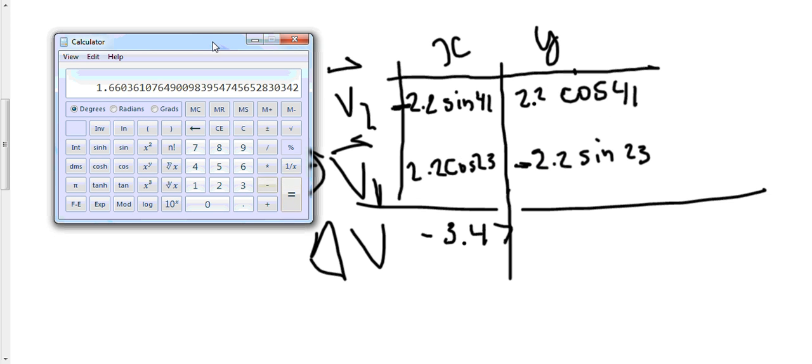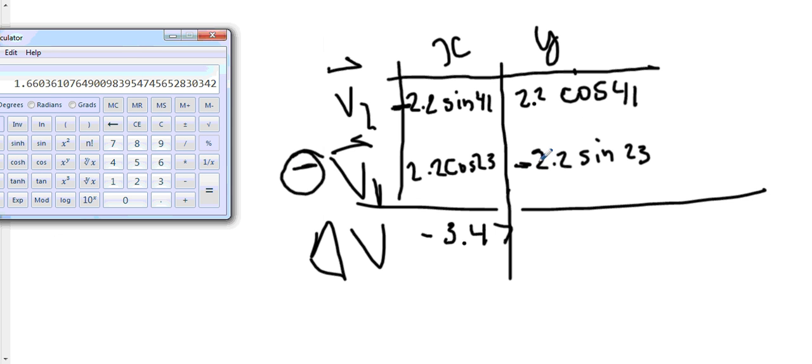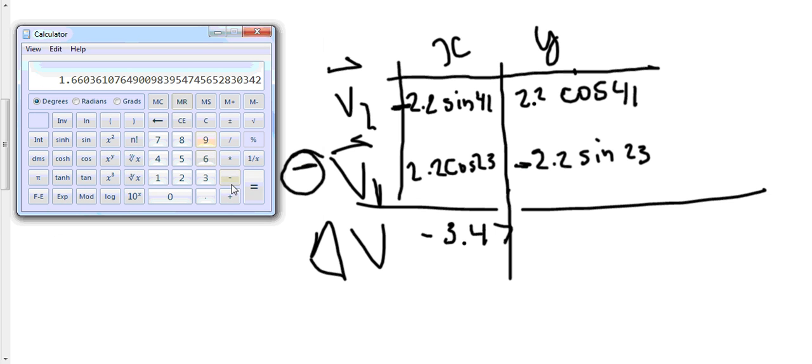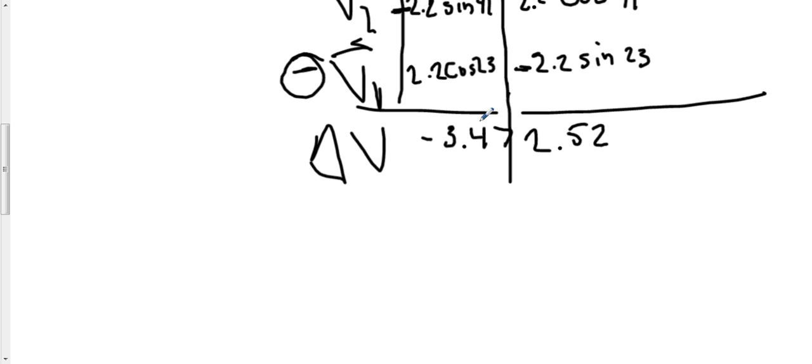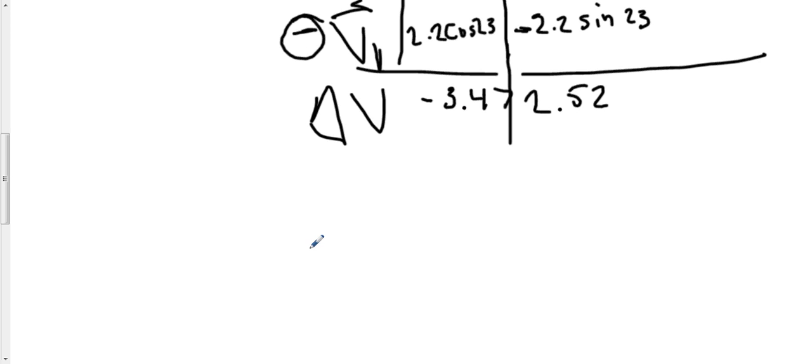Now we're subtracting, so watch yourself, this is negative, negative, which means we're going to add those two together. 2.2 times the sine of 23. And what do we get? 2.519. So 2.52. Those, remember, are the components of the change in velocity.